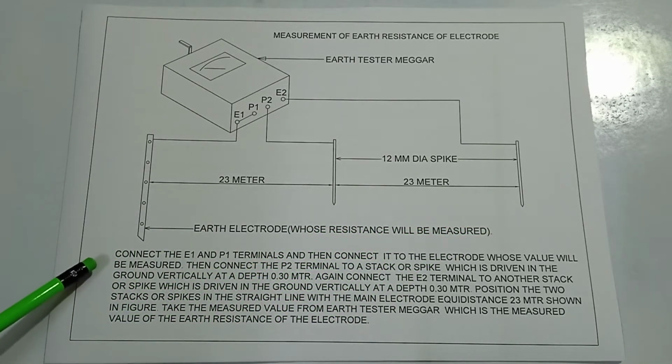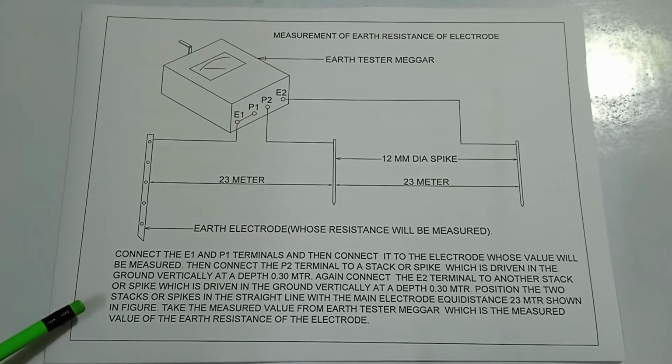Connect the E1 and P1 terminals and then connect them to the electrode whose value will be measured. Then connect the P2 terminal to a stake or spike which is driven in the ground vertically at a depth of 0.30 meter. Again connect the E2 terminal to another stake or spike driven in the ground vertically at a depth of 0.30 meter.